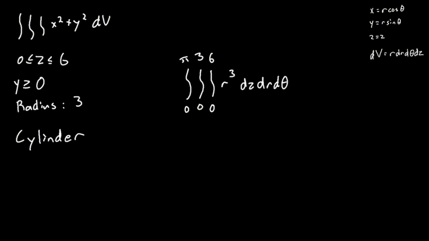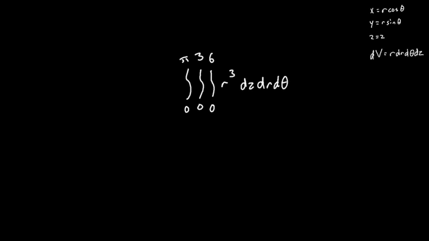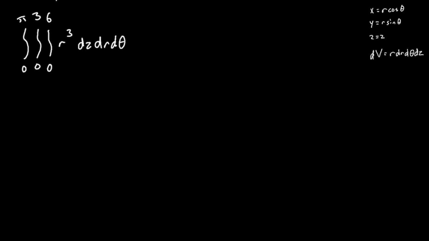Now that we have the triple integral set up, all I have to do is solve for it. Let's do that. First, we integrate with respect to z. Since r cubed is treated as a constant, this is just z times r cubed from 0 to 6 for z.